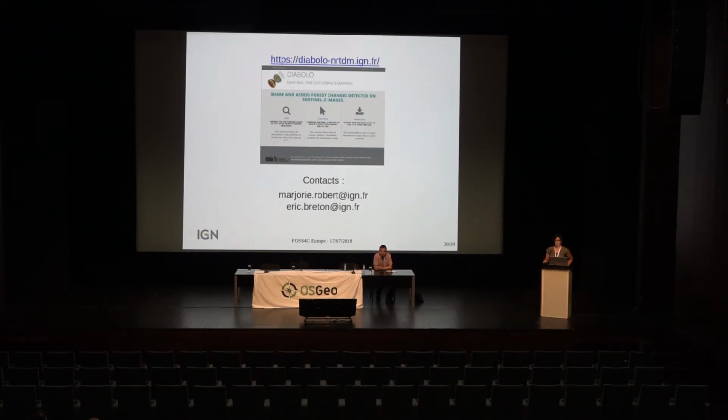Anyone else? I do have a question. You mentioned radiometric processing. Do you use Sen2Cor, or have you developed your own algorithm? This algorithm is not developed by the French Mapping Agency.